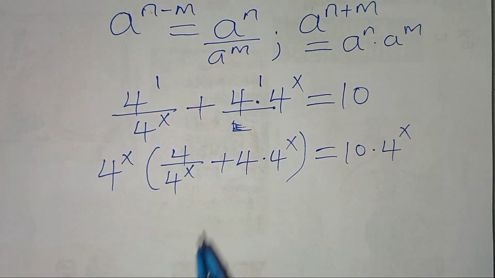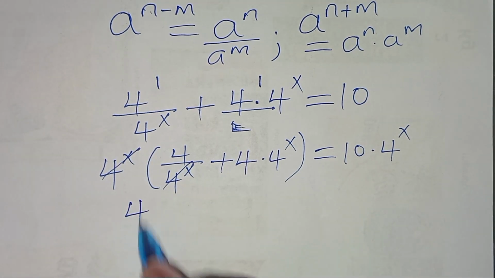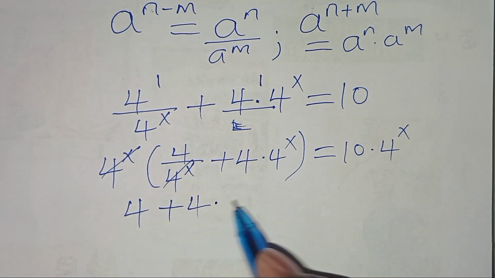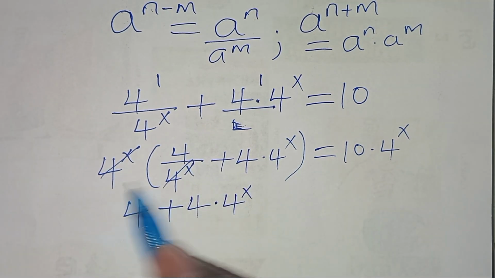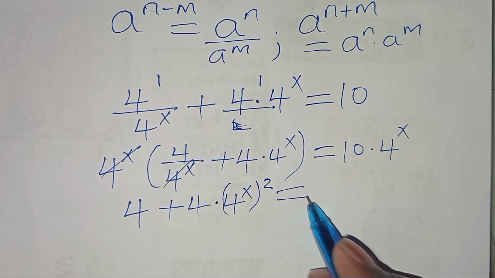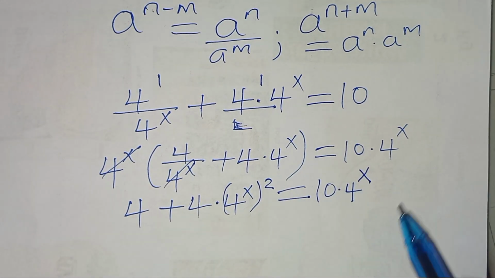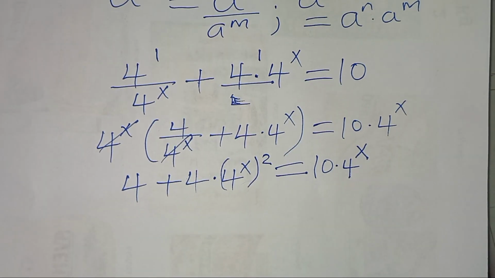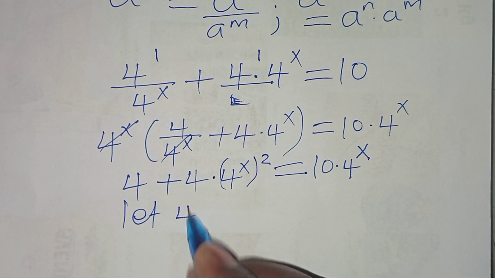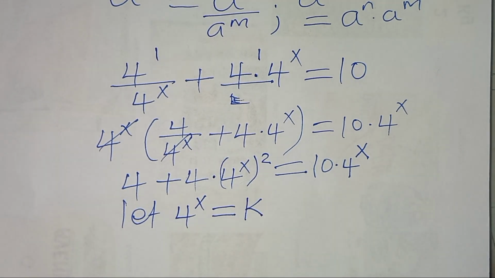The next step here, let's simplify so that we have 4 plus 4 times 4 to power x squared. This is equal to 10 multiplied by 4 to power x. The next step from here, we say let 4 to power x be given as k.